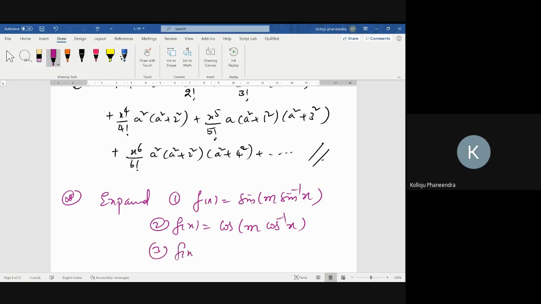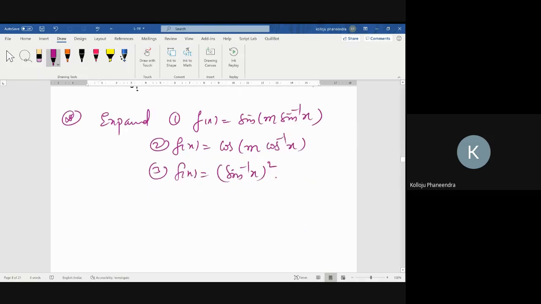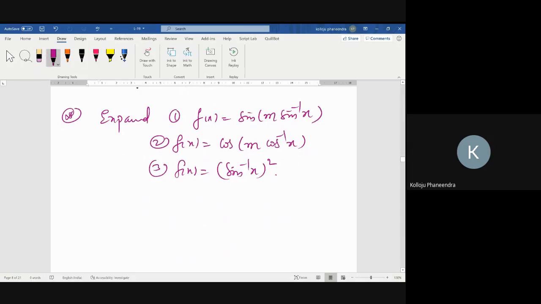Third one, f of x equal to sine inverse x whole square. Again assignments. That's enough. Now tell me which one problem we will do, among the three: 1, 2, 3. Second one, sir, cos of m cos inverse x.